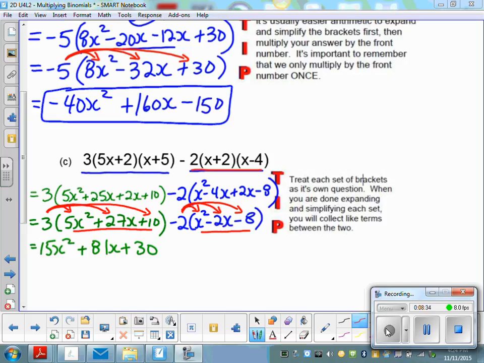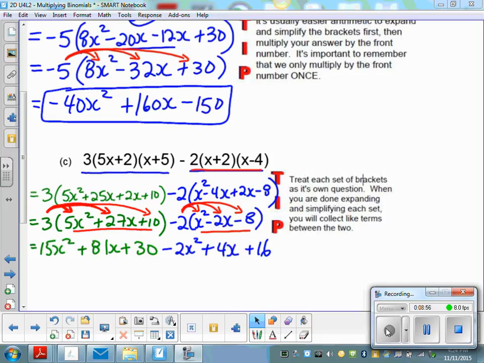I multiplied the 3 inside this first bracket. Now I have to multiply negative 2 inside the second bracket. So negative 2 times x squared is going to give me negative 2x squared. Negative 2 times negative 2x is going to give me plus 4x. And negative 2 times negative 8 is going to give me plus 16 there.